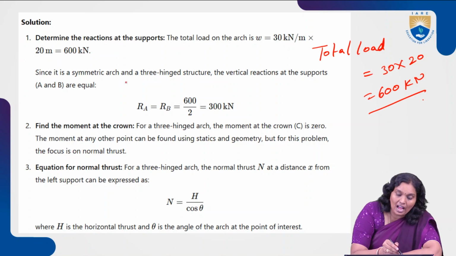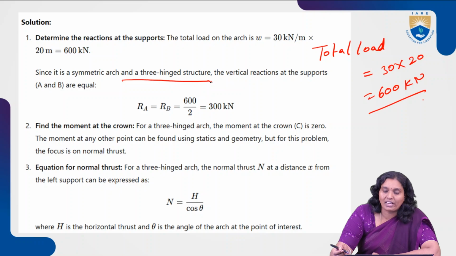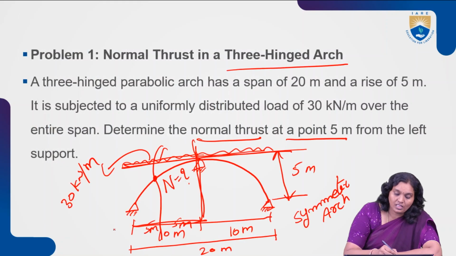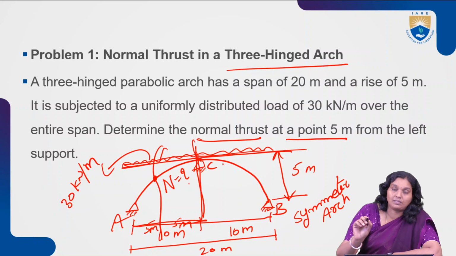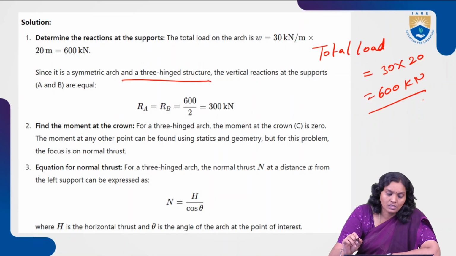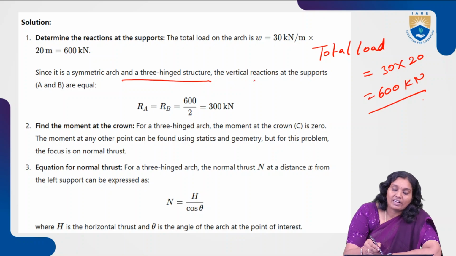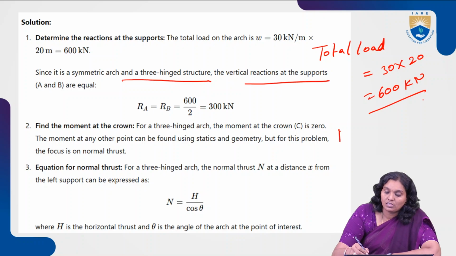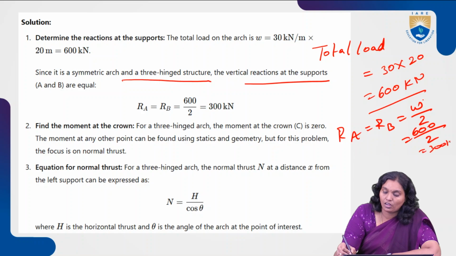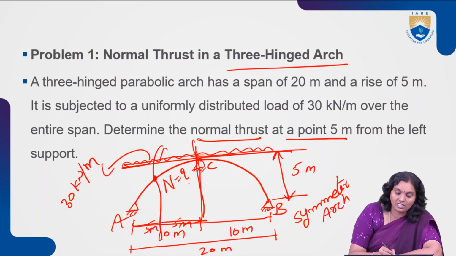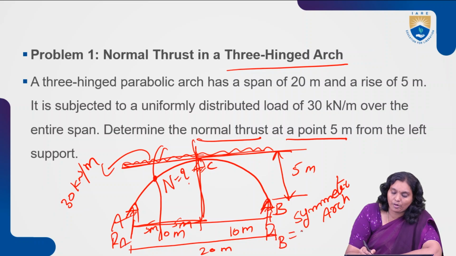Since it is a symmetrical arch and a 3-hinged structure, the vertical reactions at supports A and B are equal. Consider these two as A and B and the crown at C. So reactions RA is equal to RB is equal to W by 2, that is total load 600 by 2, so finally 300 kilonewtons.